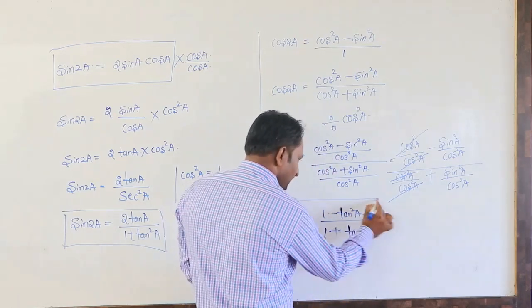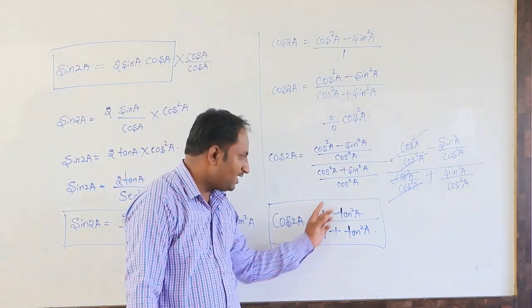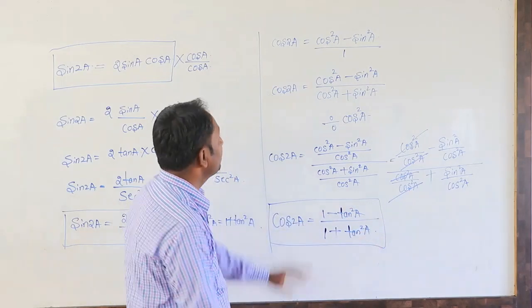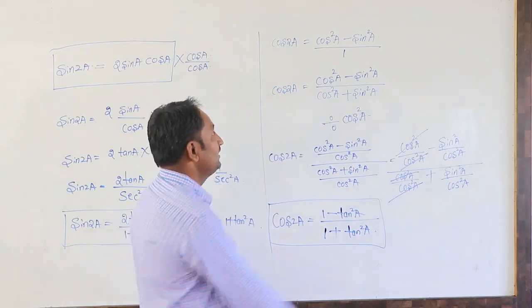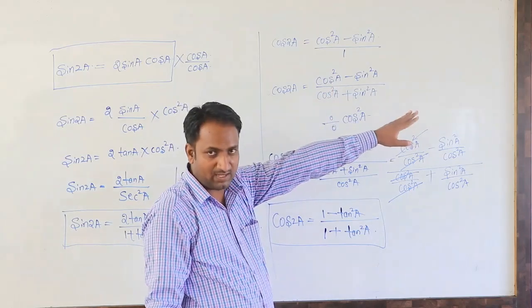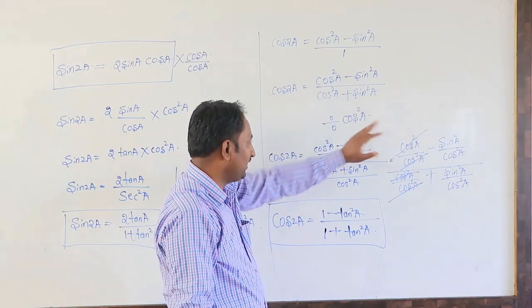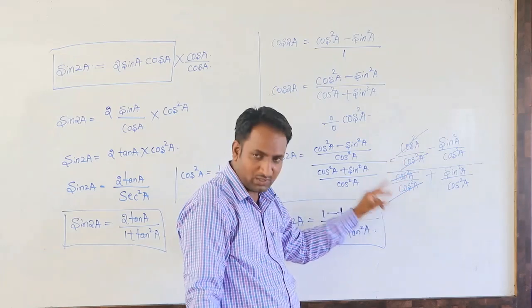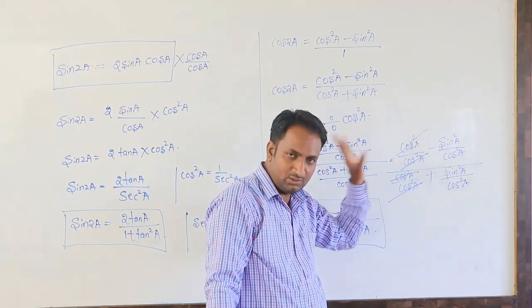Here another very important formula: cos of 2a is equal to 1 minus tan square a divided by 1 plus tan square a. Again, we take 1 as cos square a plus sin square a, the first identity, and divide numerator and denominator by cos square a, so cos square a gets cancelled, leaving sin square a divided by cos square a.